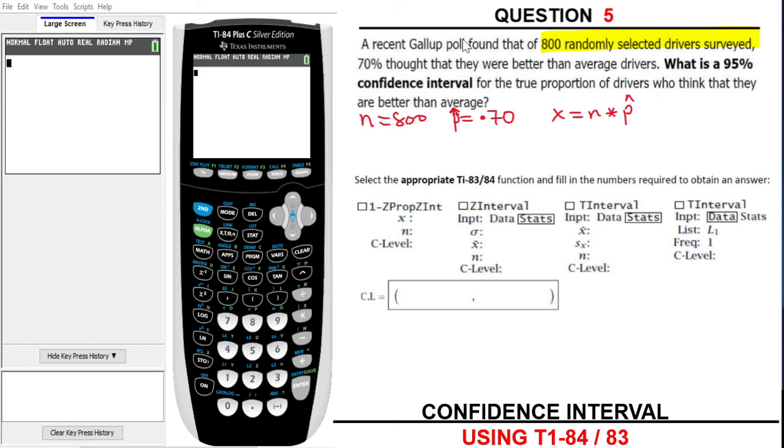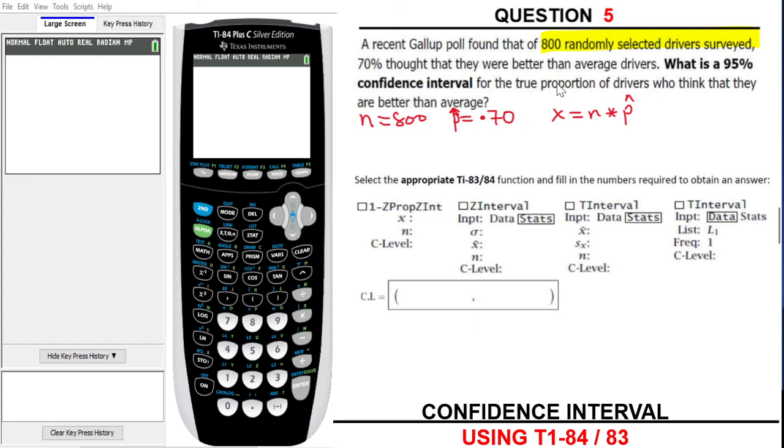Okay, so how do we go about doing this problem? One thing you could do is the multiplication, write it out, and then round it to the nearest whole number. Another way is that you can just enter n times p hat in the x line, and then you can scroll up and round the value. So let's see what we could do here.